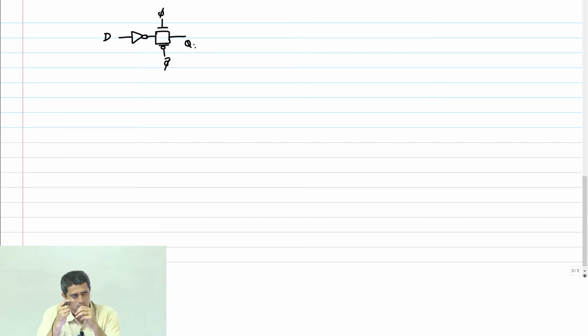I told you one more circuit which has similar functionality but slightly different configuration. Yeah, a buffer with a clock or an enable. It's called a tri-state inverter.